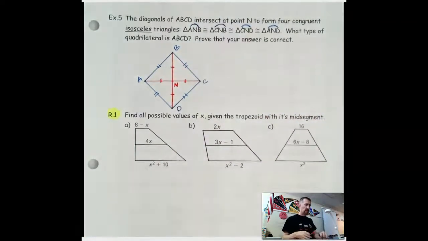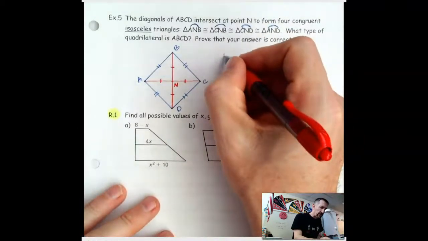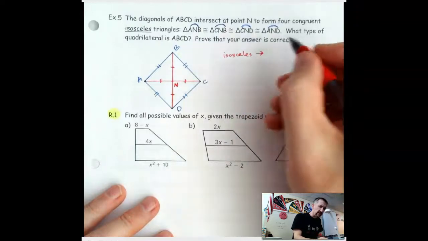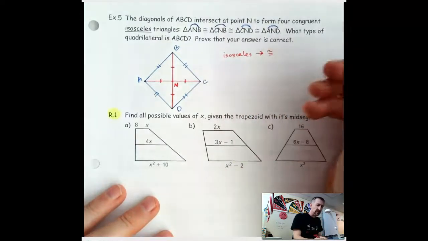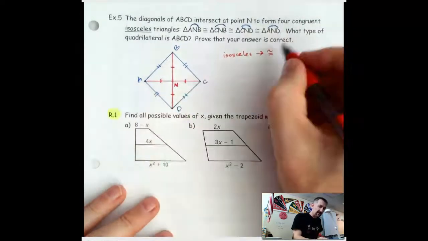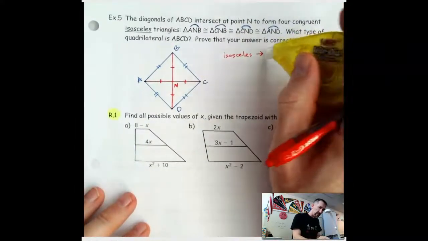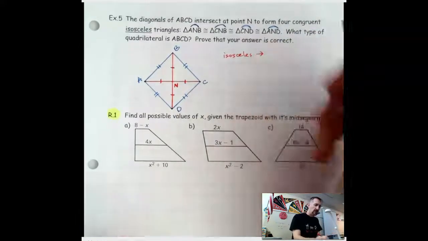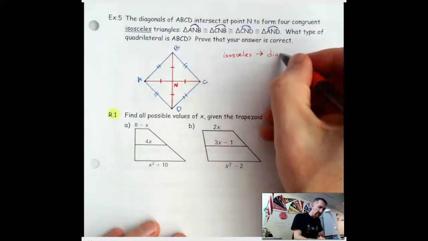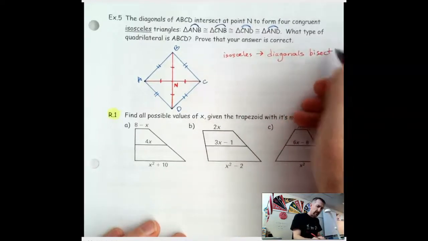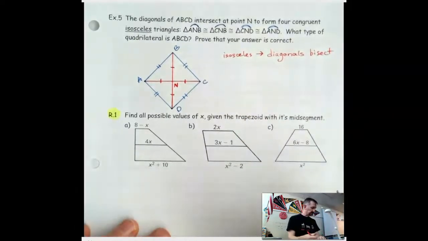So isosceles, that gave us the congruent, or the diagonals bisect would be better. Diagonals bisect.